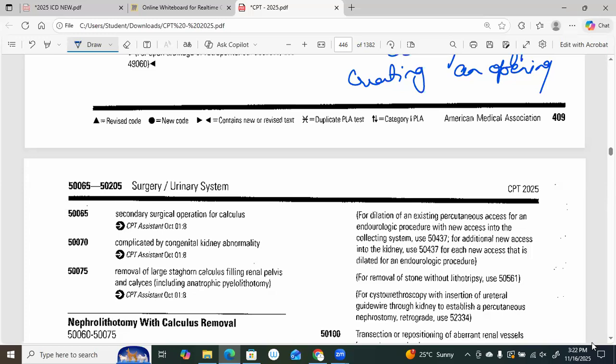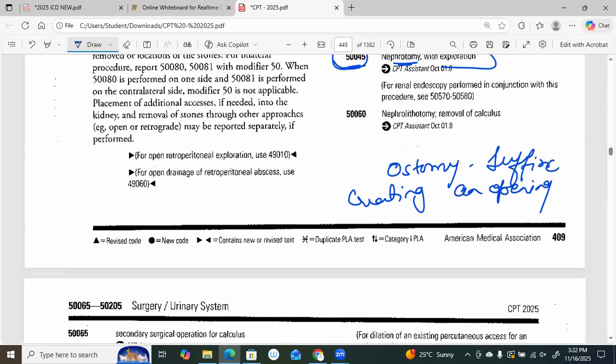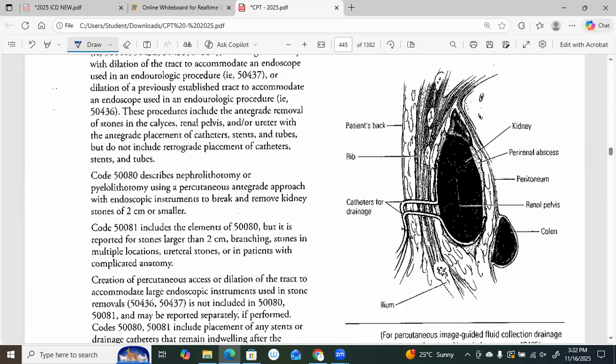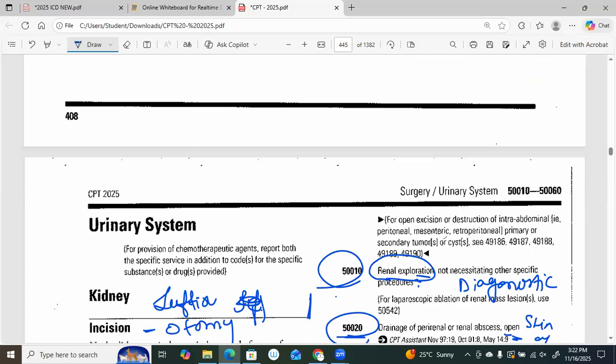So 50010 is for diagnostic purposes only. Whenever the doctor is doing renal exploration for diagnostic purposes without any therapeutic intent, and does not know the condition before doing the exploration, then we are going to use 50010.